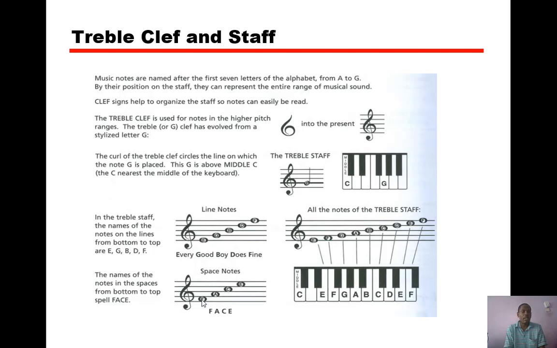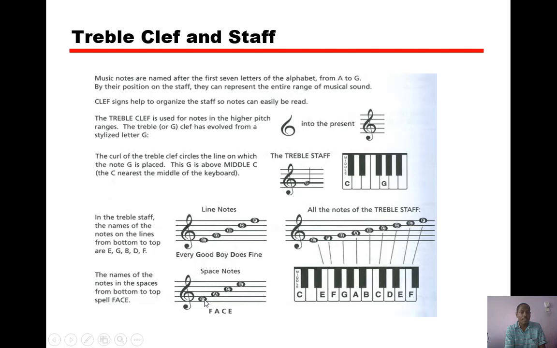And these 7 letters are A, B, C, D, E, F, G. So we cannot have H, we cannot have I, and so on as a line or space in music. So we are using F, A, C, E, which is taken out of the 7 letters.